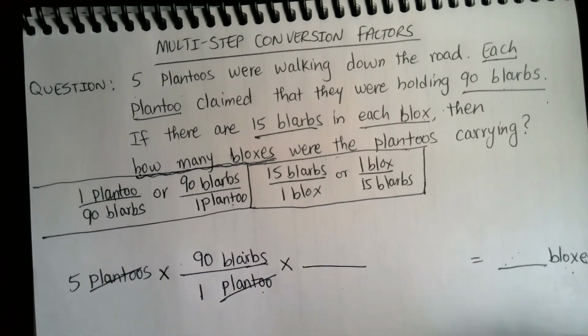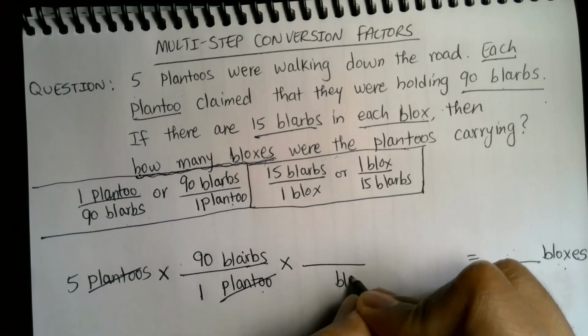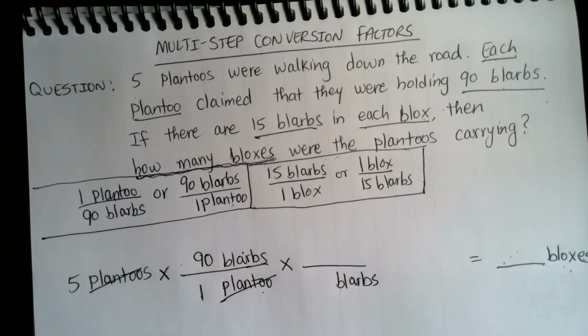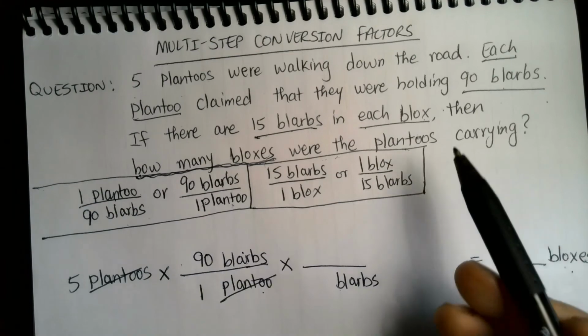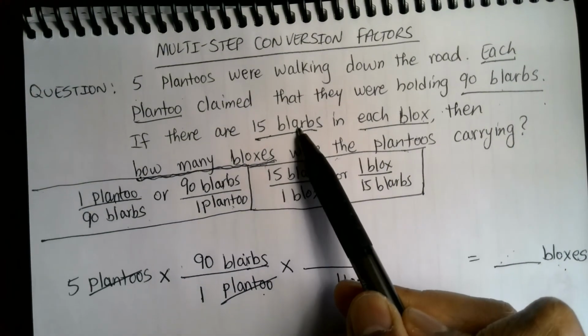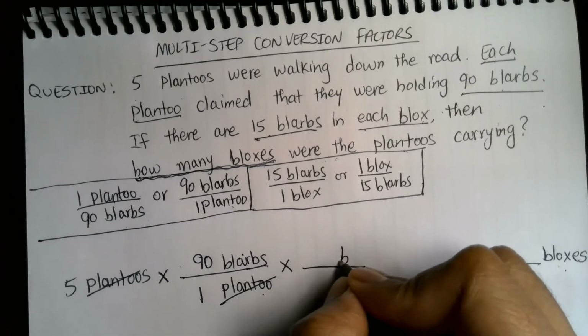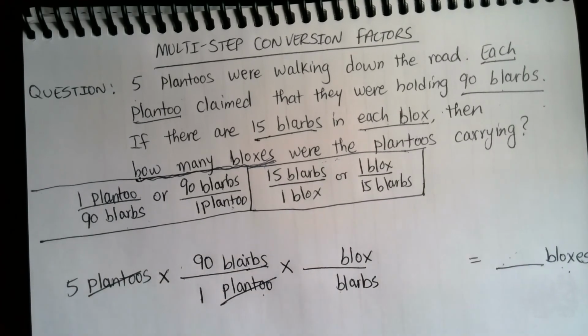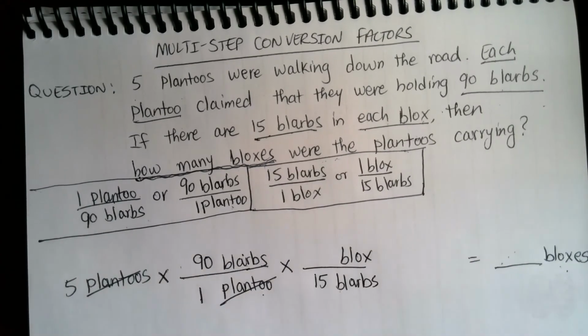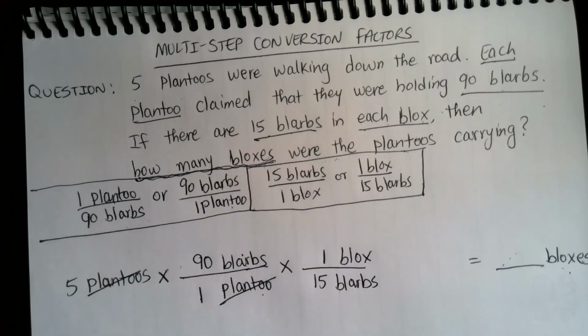I have another conversion factor. Now I don't want blarbs. Instead, what I want is blocks. Do I have a relationship? 15 blarbs in each blocks. Look at that. So I have a relationship between those two words. 15 blarbs equals 1 block.